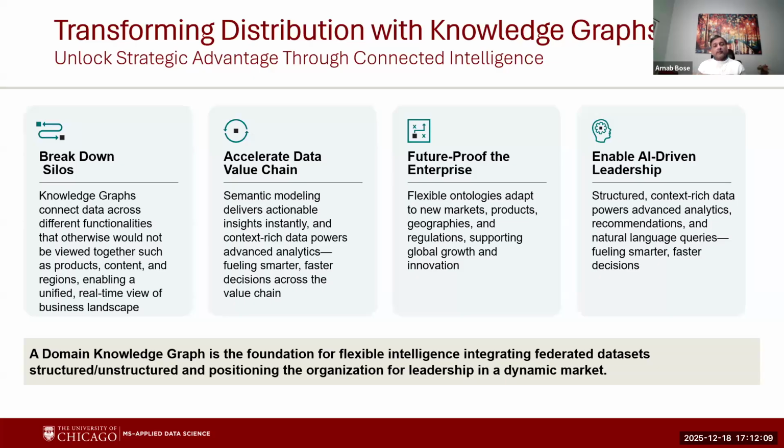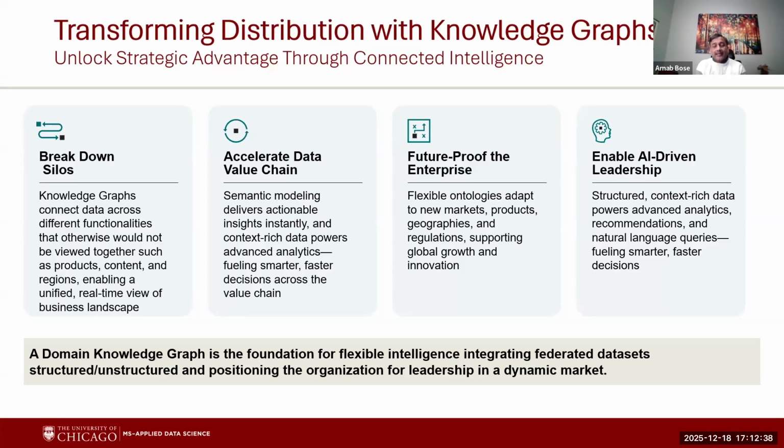So, what do I mean by future proofing? When your organization, when the company is now going into new geographies, releasing new products, entering new markets, because you have a flexible way to represent the data using a graph database, you don't have to reinvent the wheel. You can just leverage what you currently have, connect to it, and then all the analytics that you were using previously just works.